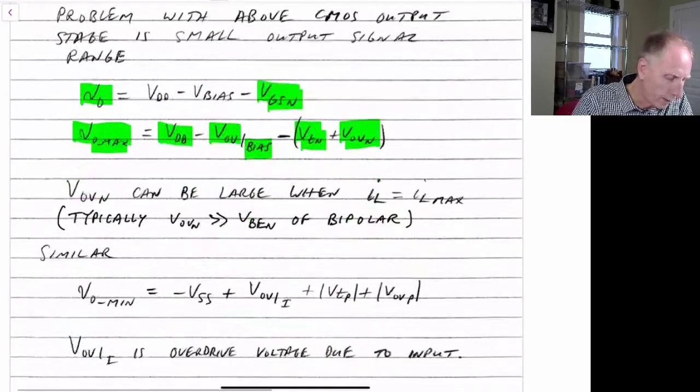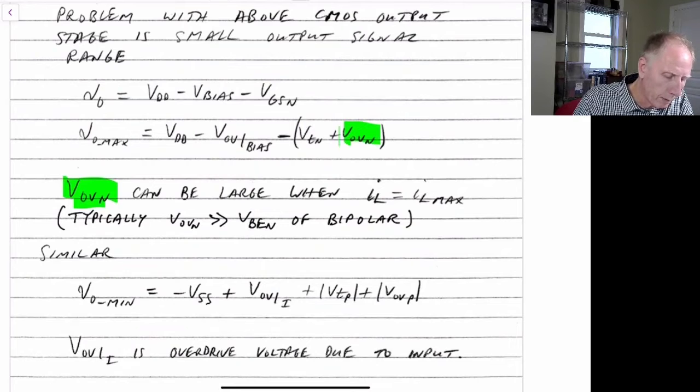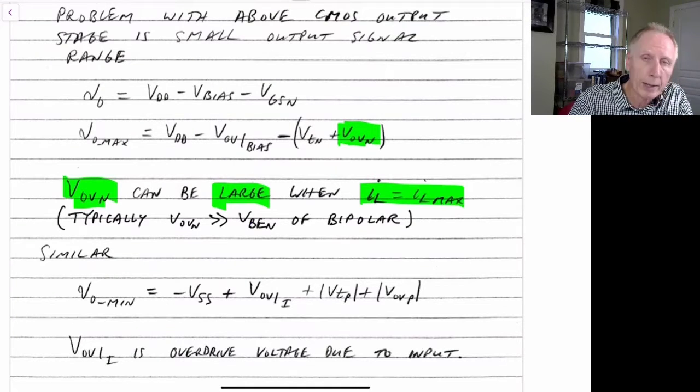So we see that this V overdrive N, so this term right here can be large, especially when we have our maximum current. It's going to be the largest when we have our maximum current going to the load. Now you might ask, well, why isn't that an issue in a bipolar case?